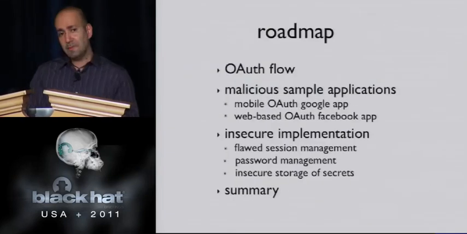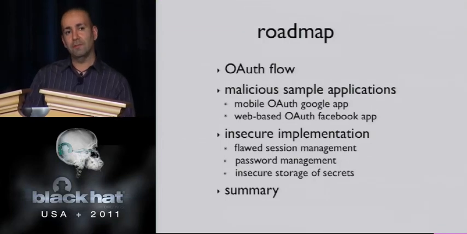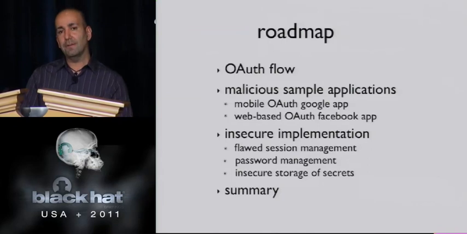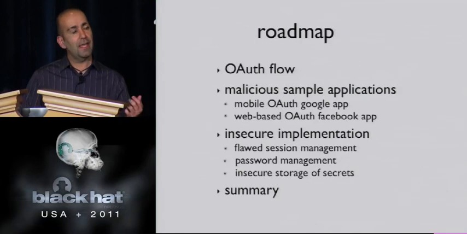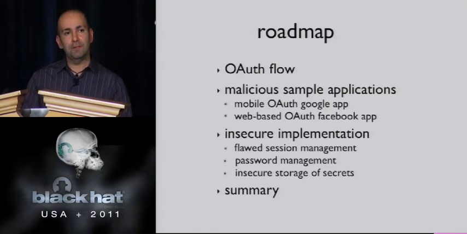So we'll be spending the next 20 minutes talking about OAuth. We'll cover this emerging protocol at the high level, provide some context, and go over a typical OAuth flow. Then we'll show you a few sample applications and show you how easily you can inject your own malicious code into these apps and basically do evil things with them. And then we'll shift gears a little bit and talk about a few questionable implementations.